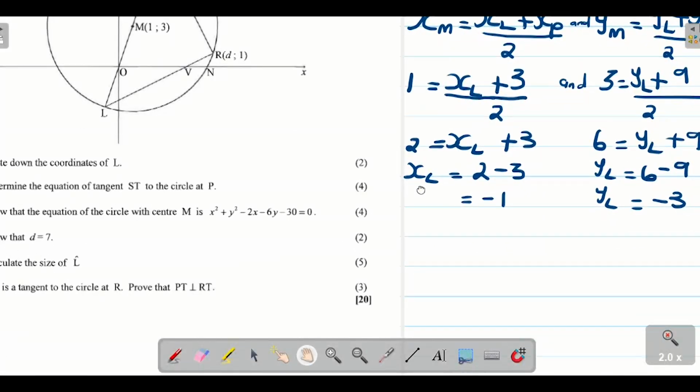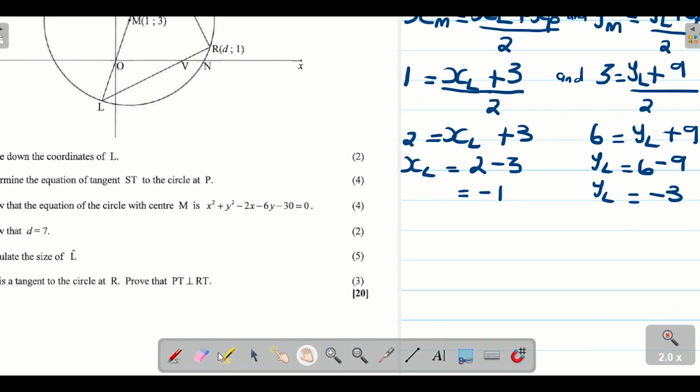So this means that the coordinates of L are negative 1 and negative 3. So we're done with 4.1.